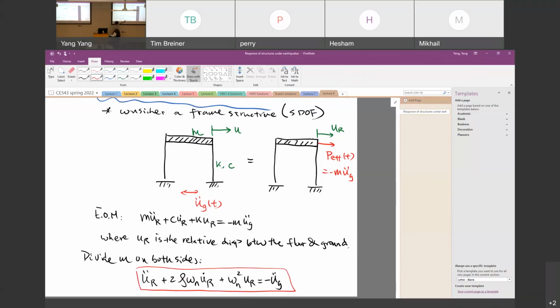The mass, spring constant as well as the damping coefficient can be condensed into the natural frequency as well as the damping ratio.